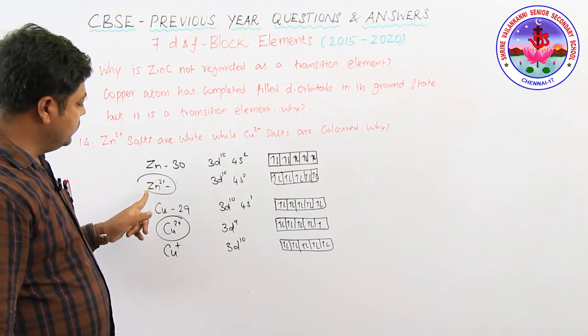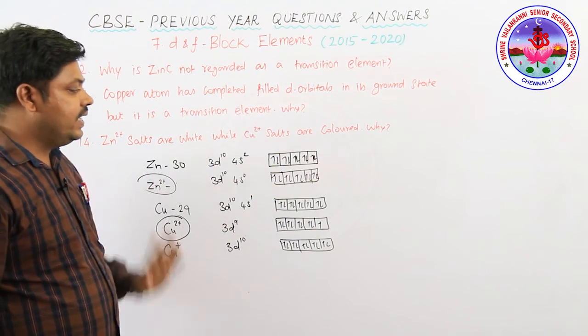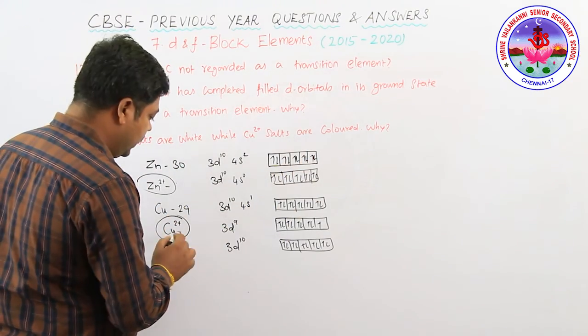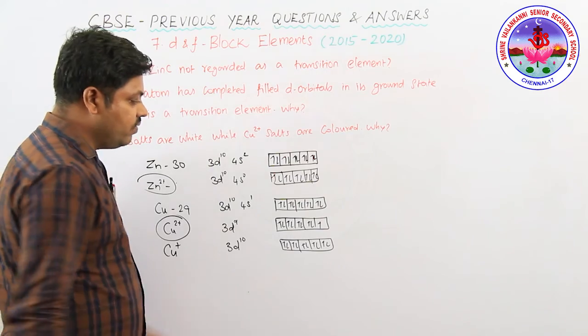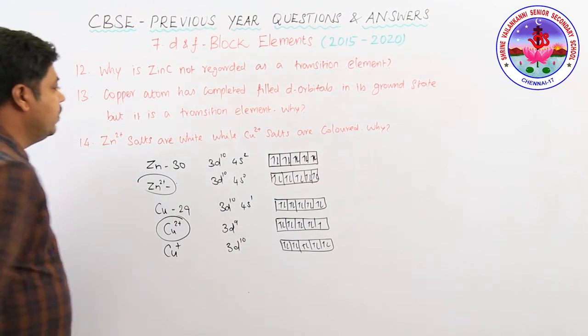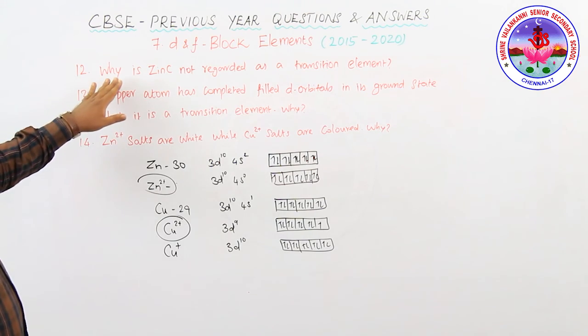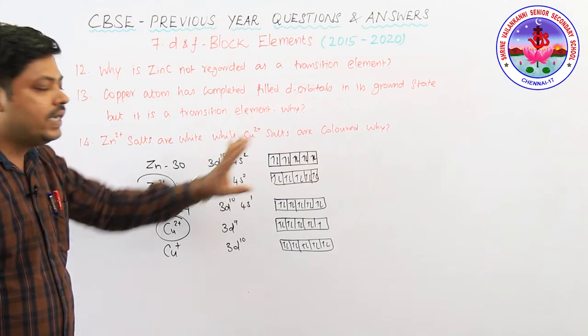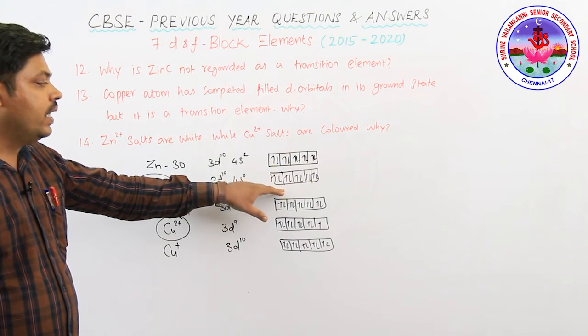The zinc 2 plus is not considered as a transition element. The reason is completely filled d orbital. Here the Cu2 plus has one unpaired electron. That is why it is considered as a transition metal. So the first question answer, zinc is not regarded as a transition element because of the completely filled d orbitals.